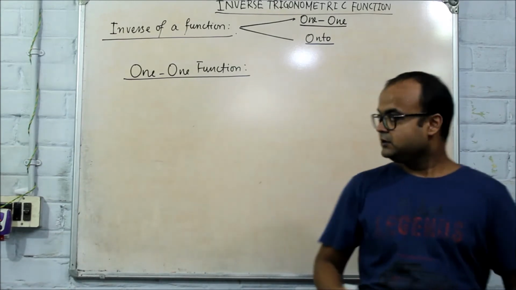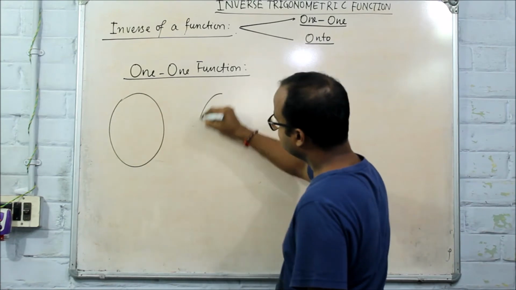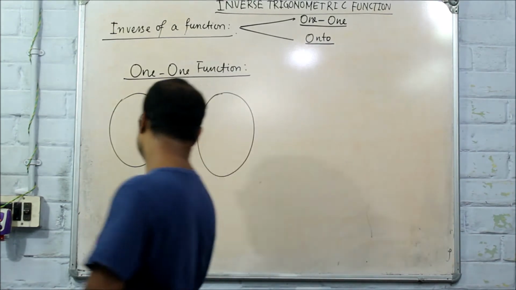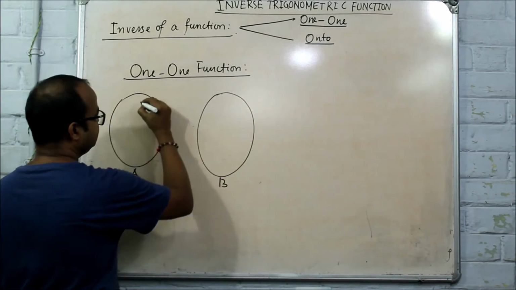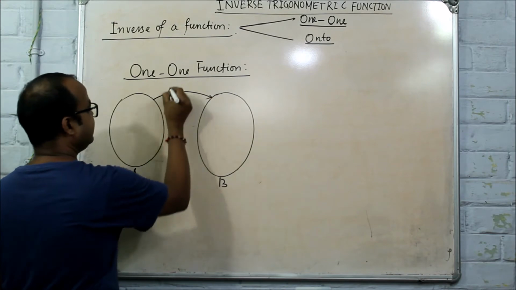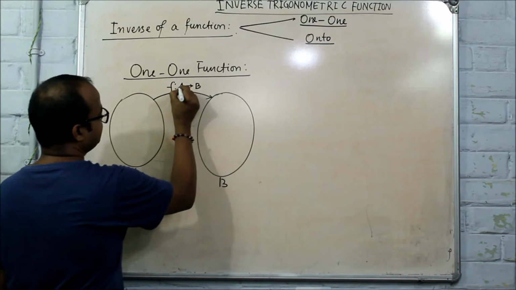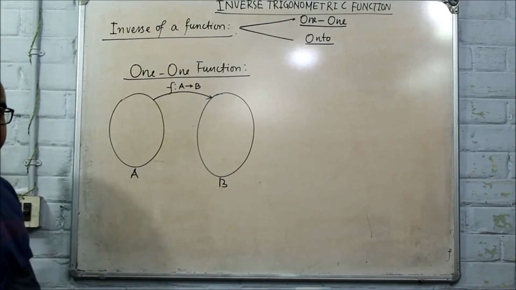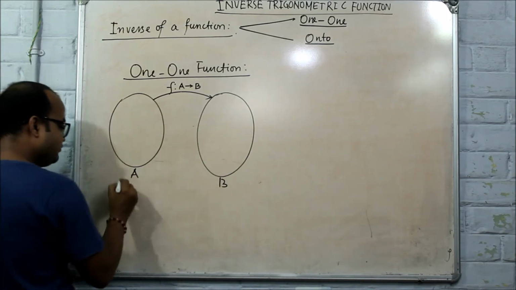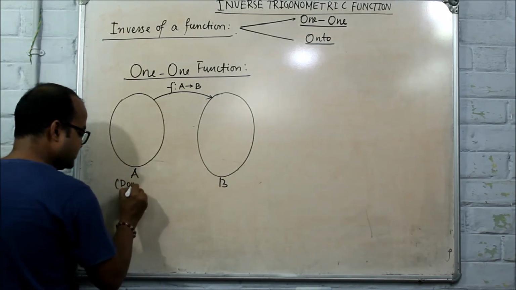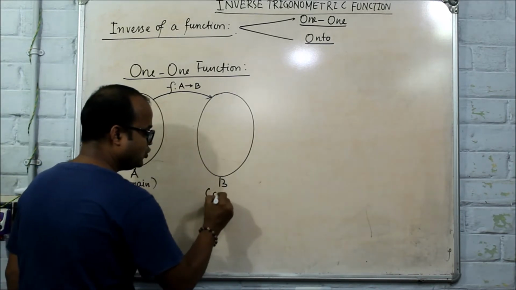Now, take one example. We consider two sets A and B and a function f maps from A to B. Now, we know this is called the domain set and this is the codomain set.